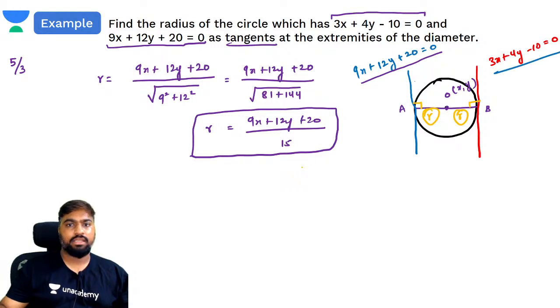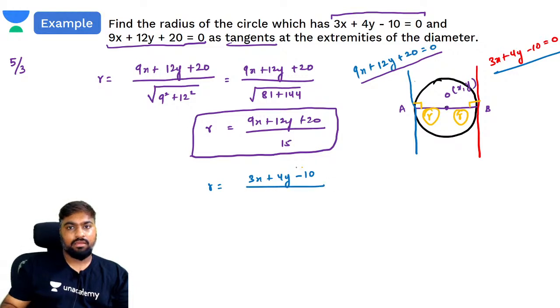Take the other line, 3x plus 4y minus 10 equal to 0. From that you also get a radius. Radius will be equal to 3x plus 4y minus 10 divided by the root of 3 squared plus 4 squared. You know 3, 4, 5, so this has to be 5. These two are equal.